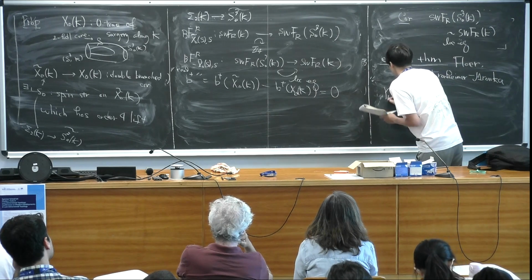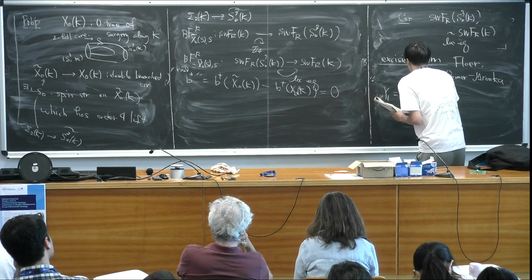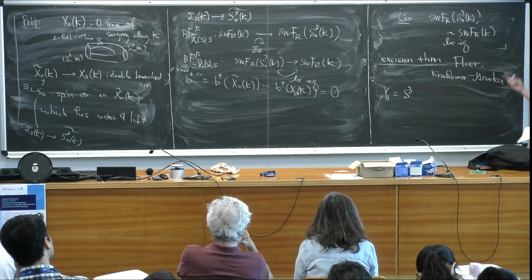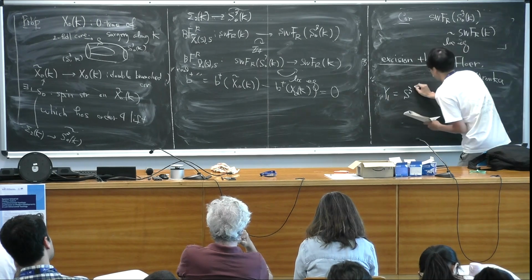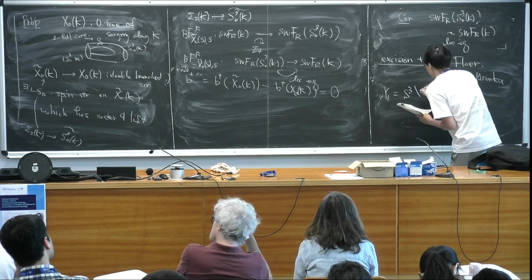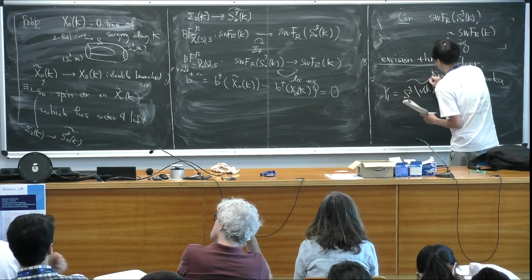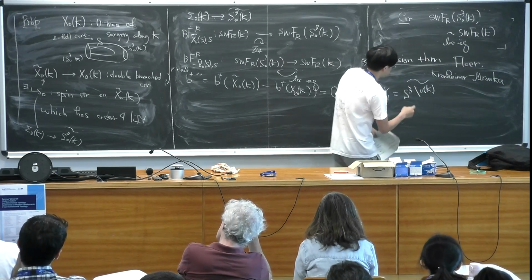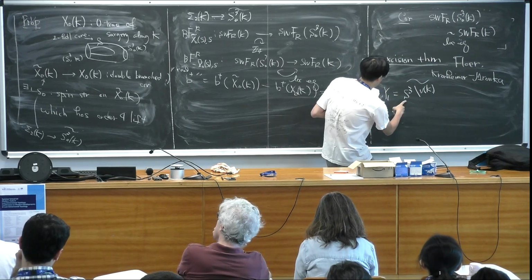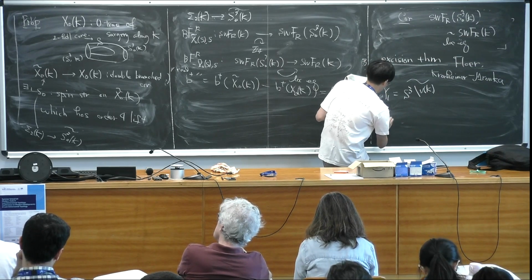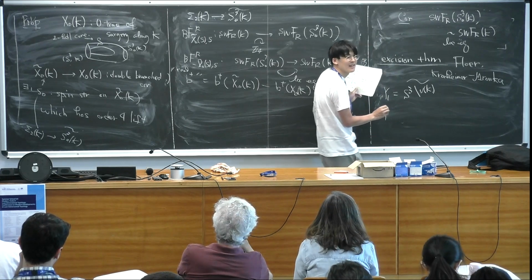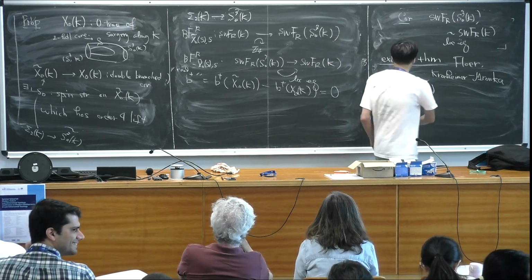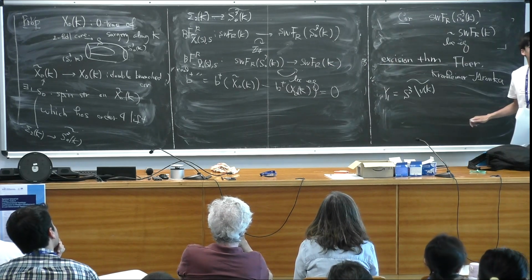In order to describe the excision theorem, which is an excision of index theorem type, I will take the double cover of the complement of a neighborhood of K in S3. Sorry, can you see? This line is fine.